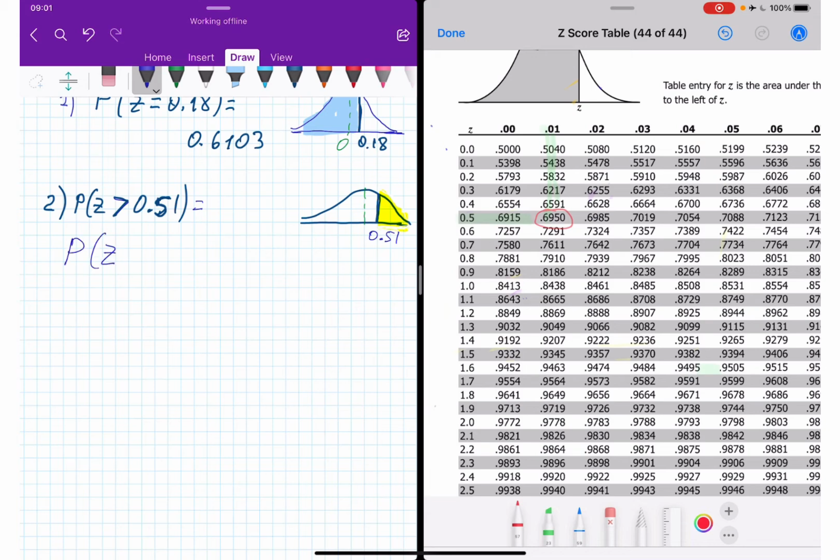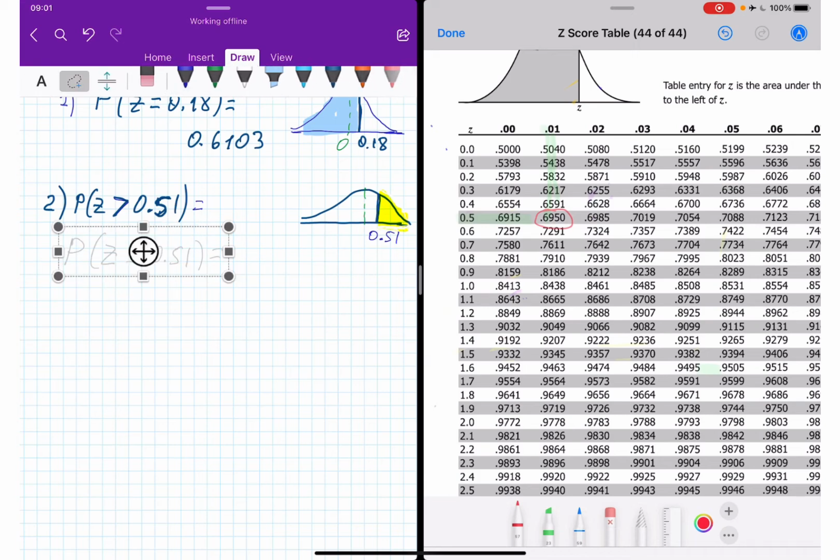That's the probability of z-score less than or equal to 0.51, and that is equal to 0.6950.